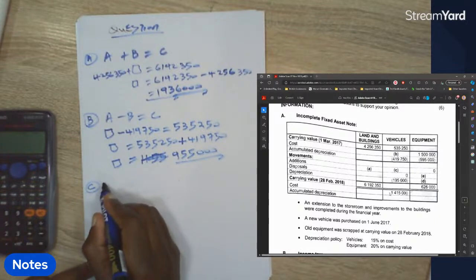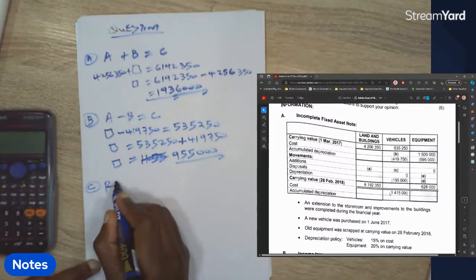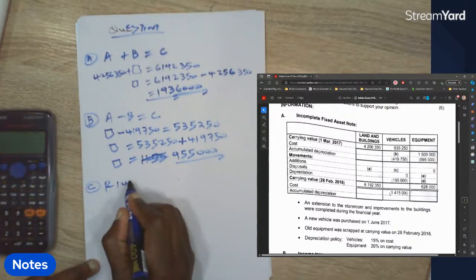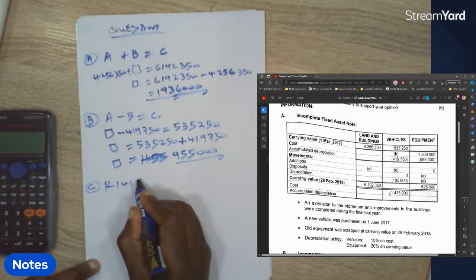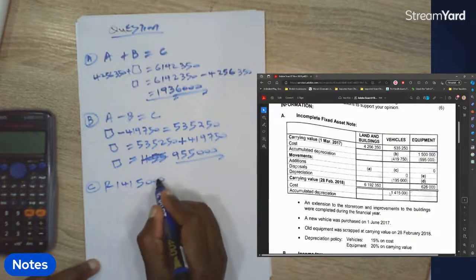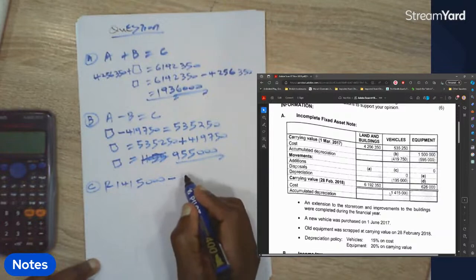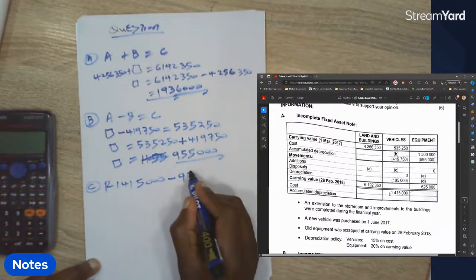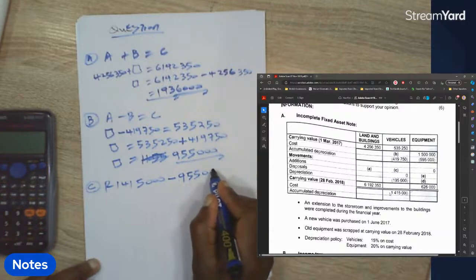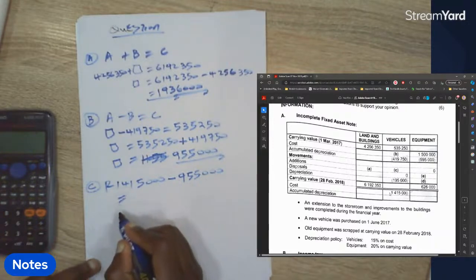So now our cost at the end is 141,500 for the vehicle. Then minus the cost at the beginning, totally 955,000. Then you get your answer.